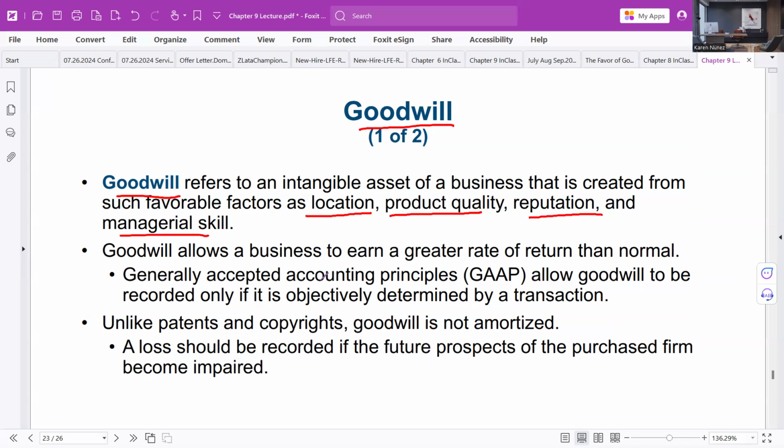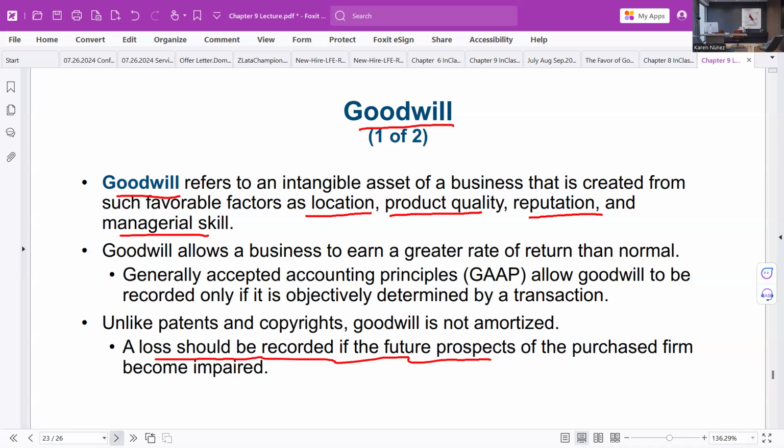But what GAAP says is we can't amortize goodwill because it's very difficult to determine what the estimated useful life is for goodwill. So essentially what GAAP says is, unlike patents and copyrights and trademarks, what we should do with goodwill is if we determine that there's some kind of a decline in the value, if there's a potential loss that we can determine, then we would only recognize that.